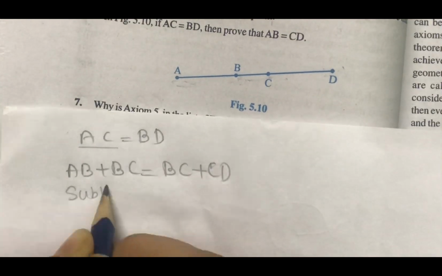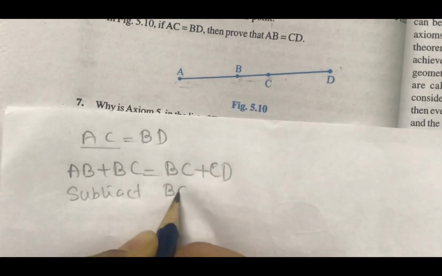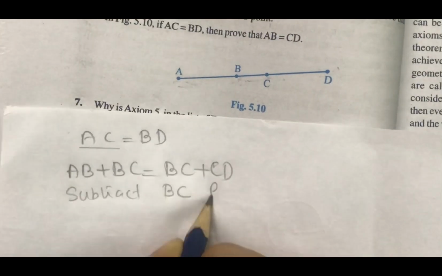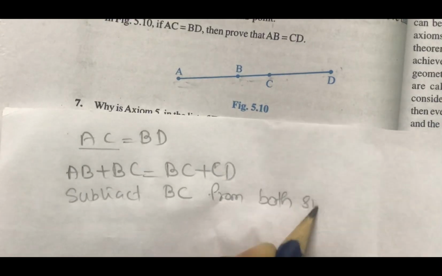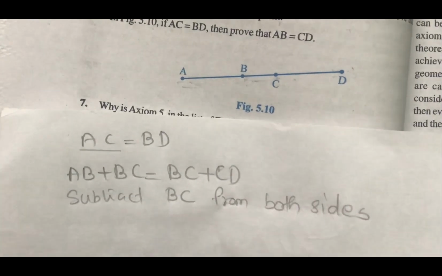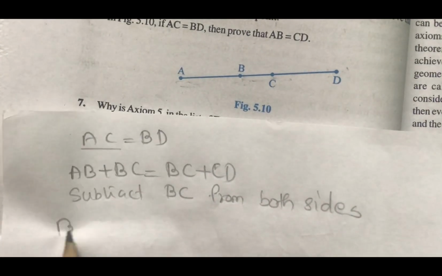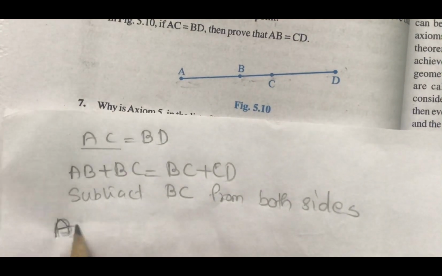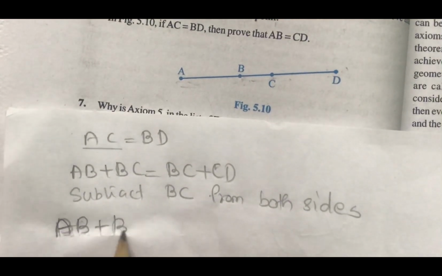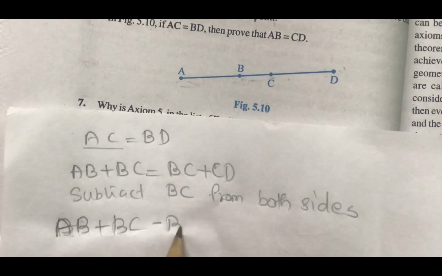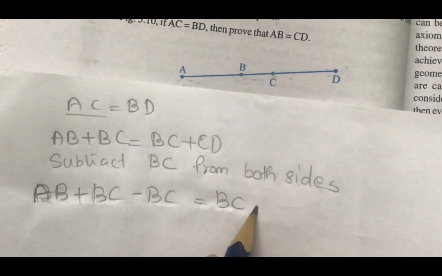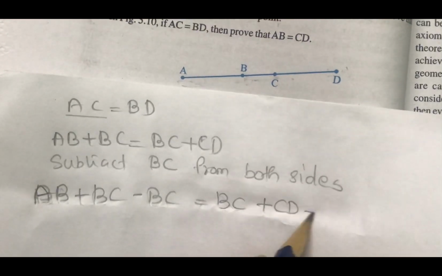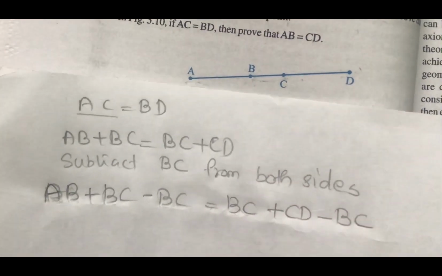Subtract BC from both sides. If we subtract, we'll get AB plus BC minus BC is equal to BC plus CD minus BC.